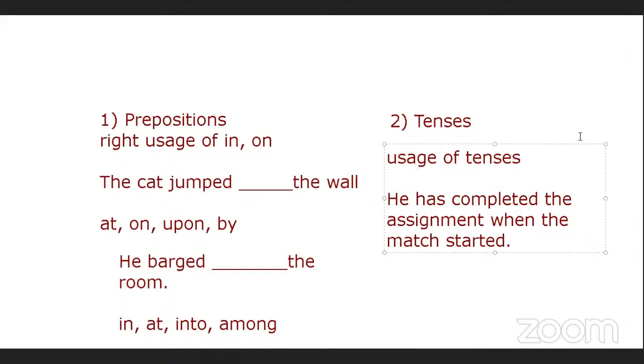is there an error in this sentence or is there no error? And if there is an error, where is it and why is it an error? He has completed the assignment when the match started. Take a look at this sentence.